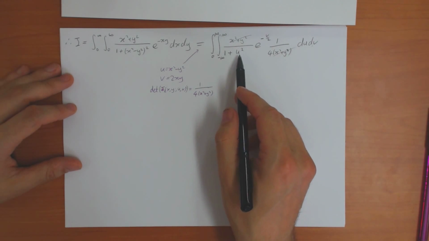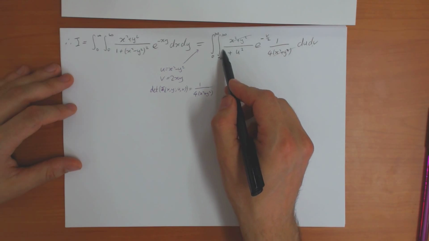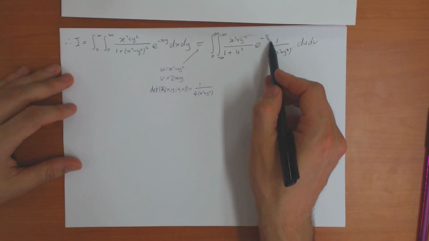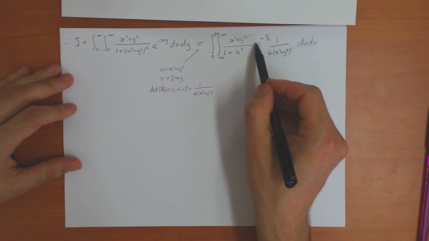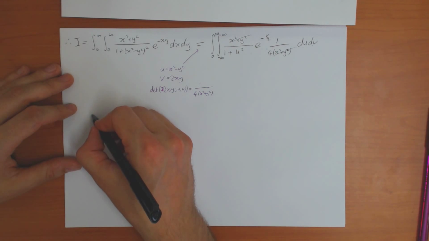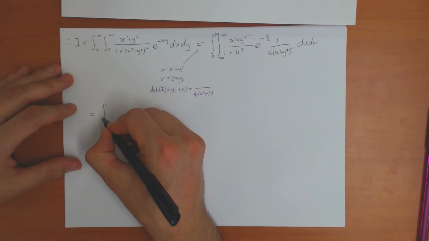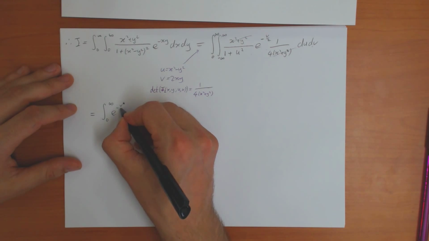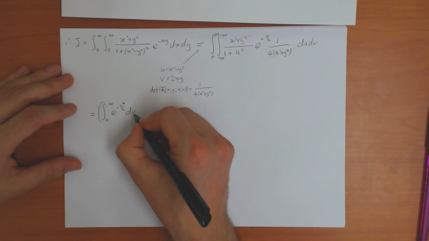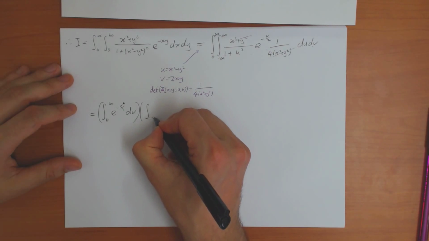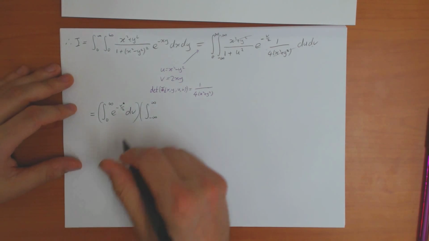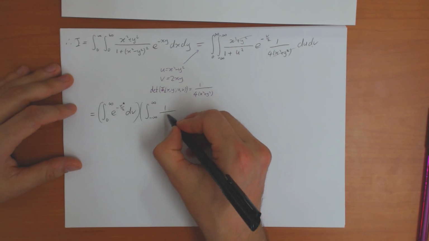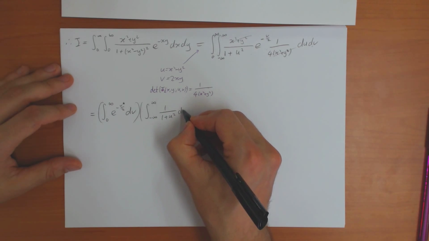Okay, so you see that this nicely separates, right? u only depends upon the first term, and v only influences the second term. So this whole thing is equal to the integral from 0 to infinity of e to the minus v over 2 dv, times the integral from minus infinity to infinity of 1 over 1 plus u squared du.